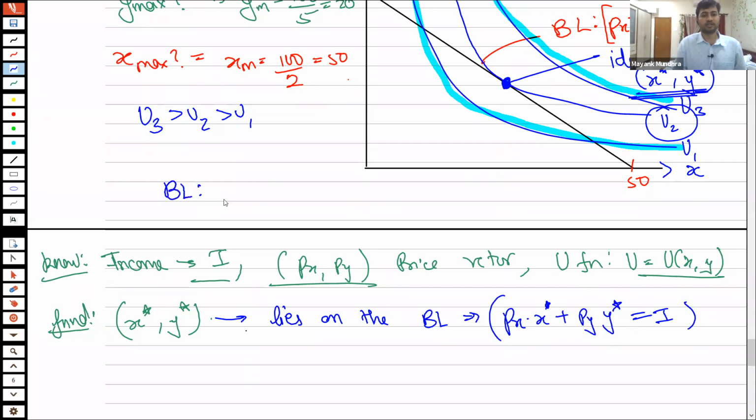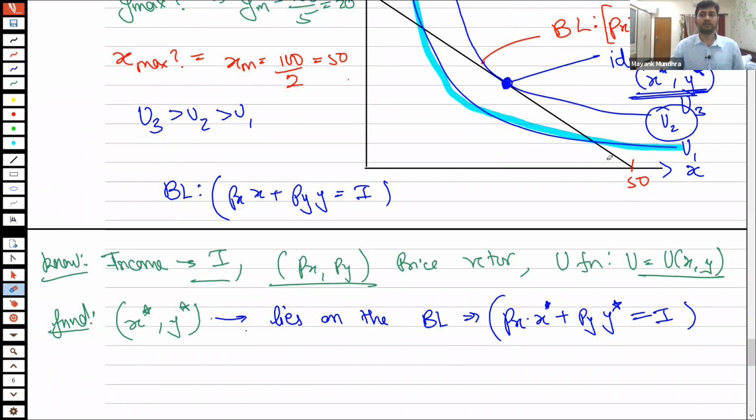The equation for the budget line is Px x plus Py y equals I. All points x comma y which satisfy this equation lie on the budget line. So since x star y star lies on this budget line, it should satisfy this equation.